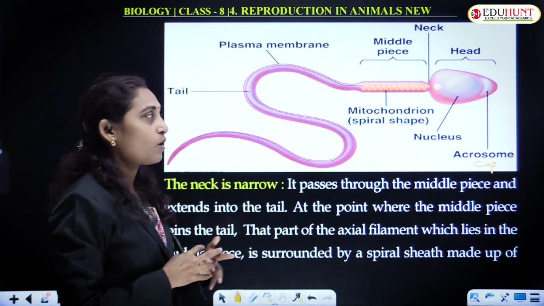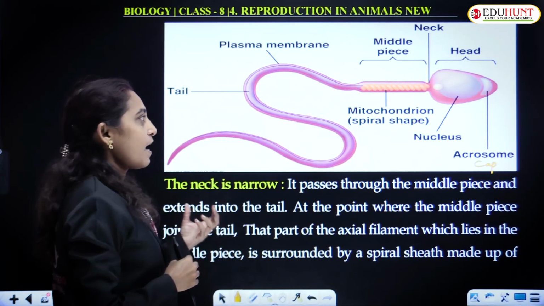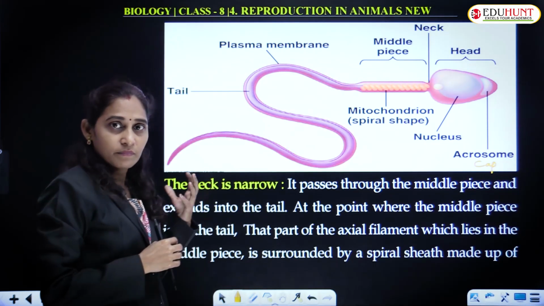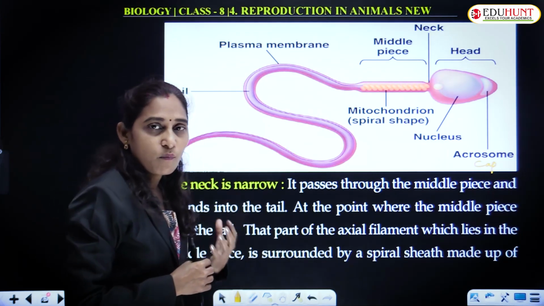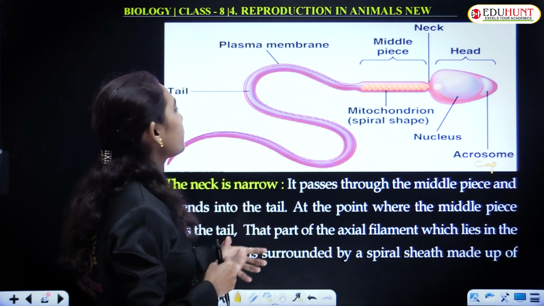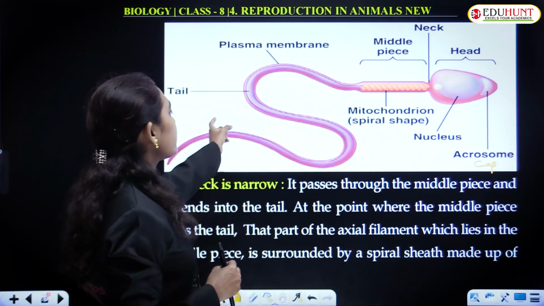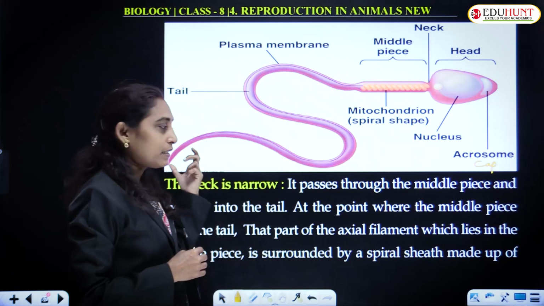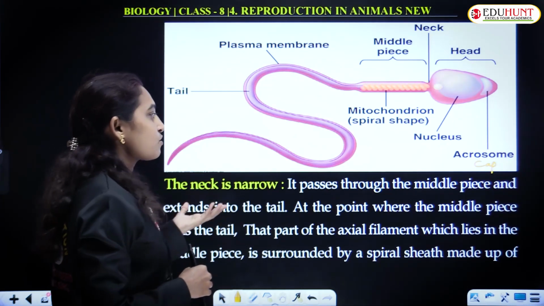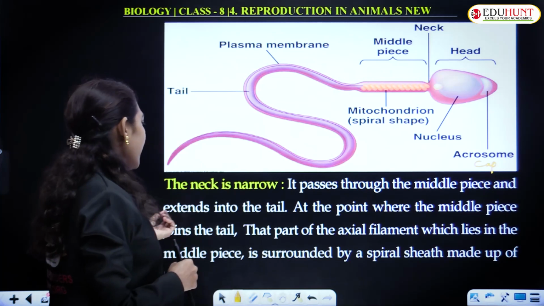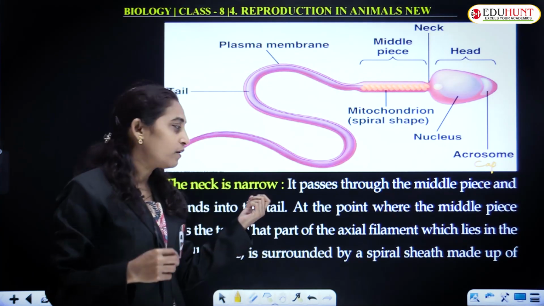The neck continues into a middle piece. The middle piece has mitochondria. They provide energy to the sperm, and the middle piece ends up with a tapered end called the tail. The neck is narrow, and it passes through the middle piece and extends into a narrow tail.